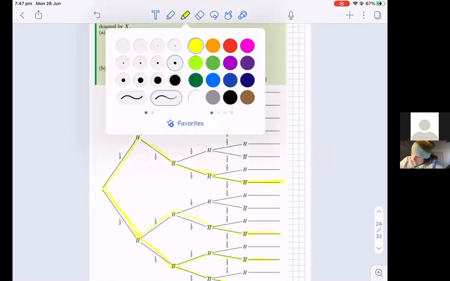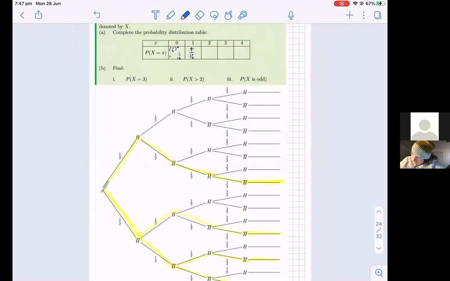2 heads, better than 1, I guess. Head, head, tails, tails. Head, tails, head, tails. Head, tails, tails, head. Tails, head, head, tails.